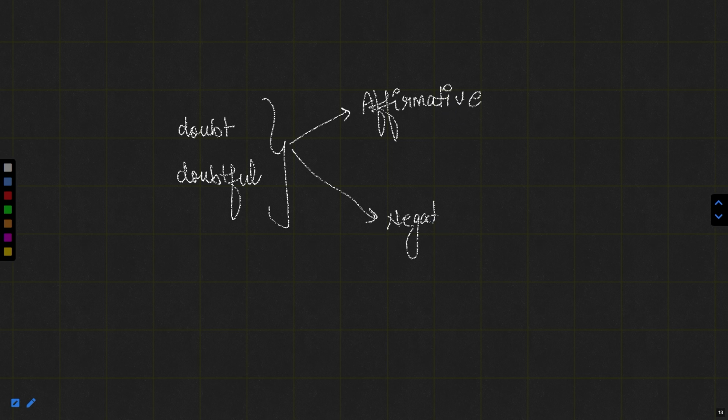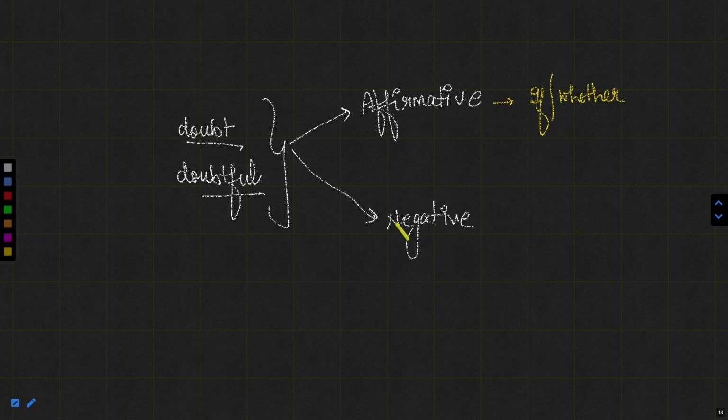So if the sentence contains either of these two words, doubt or doubtful, we have to check whether the sentence is affirmative or negative. If the sentence is affirmative, we write if or whether to pair it with.